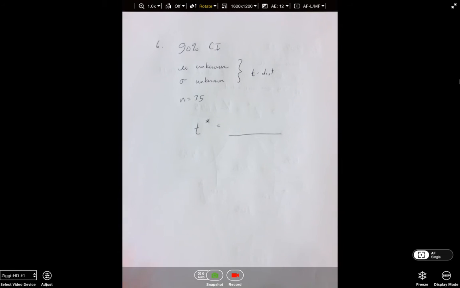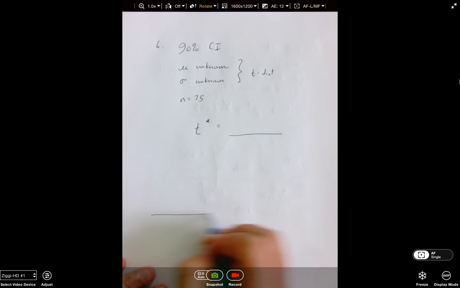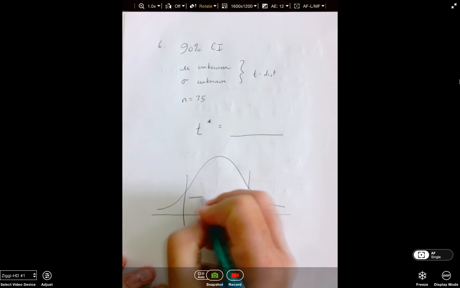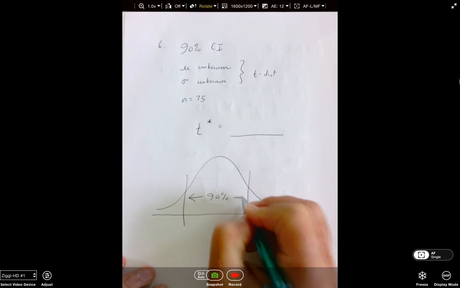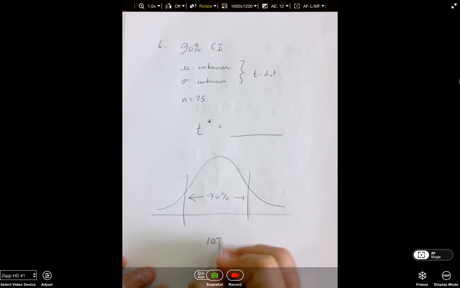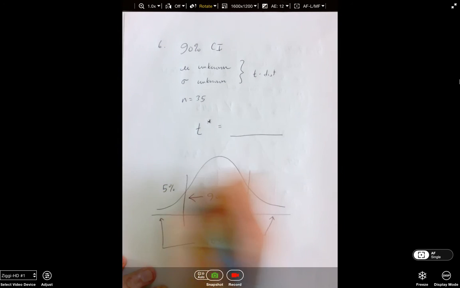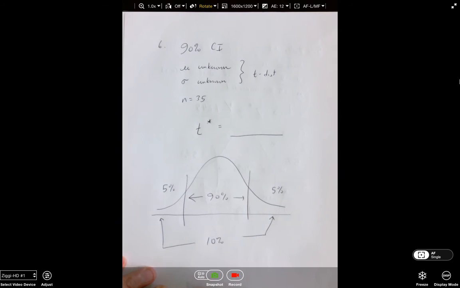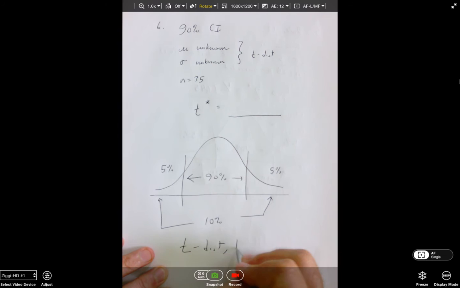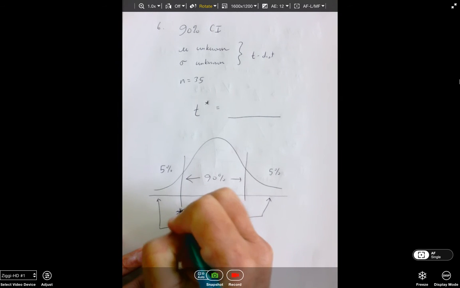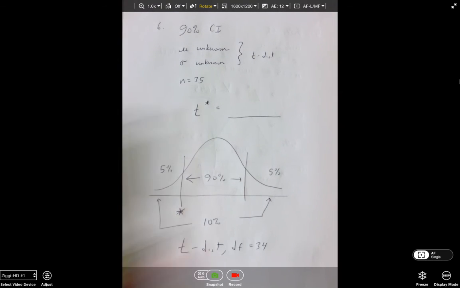First mistake ever. So guys, what do we got? We got the t-distribution. We got 90% in the center. How much is missing? Put half there, half there. But this uses the t-distribution, degrees of freedom 34. So we're going to focus on this one right here first of all.